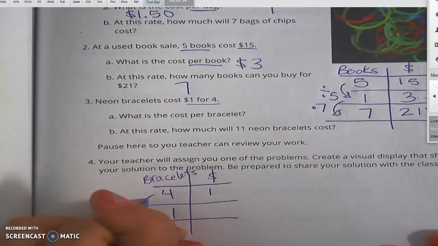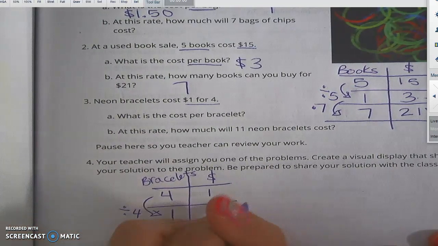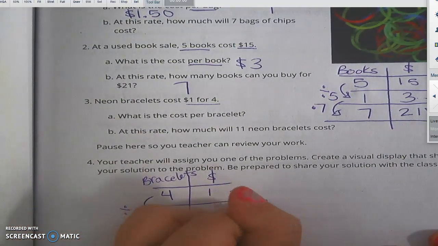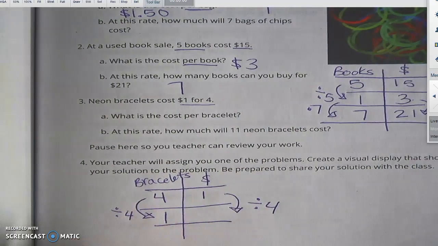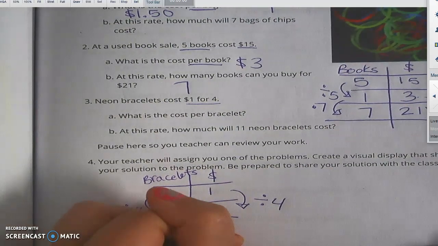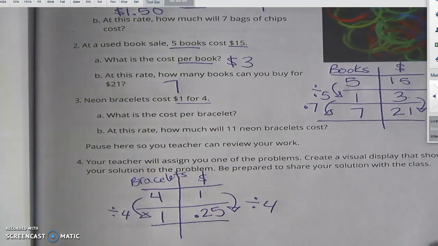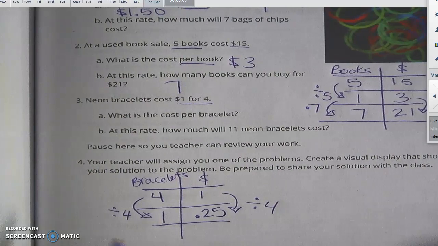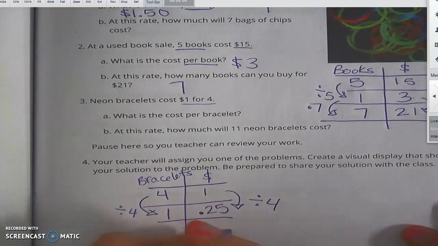So to get from 4 down to 1, I'm going to do divided by 4. So on this side, I'm going to do $1 divided by 4, which if you need to use your calculator, you can, but that is 0.25 or 25 cents. And then it says, at this rate, how much will 11 neon bracelets cost?